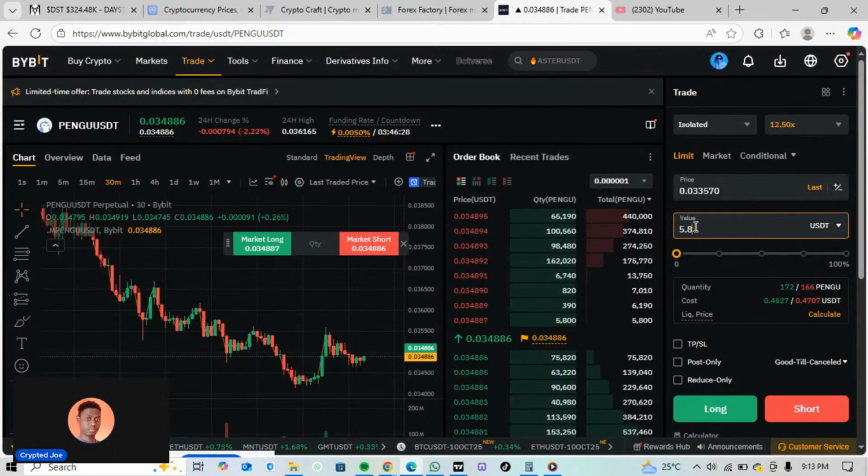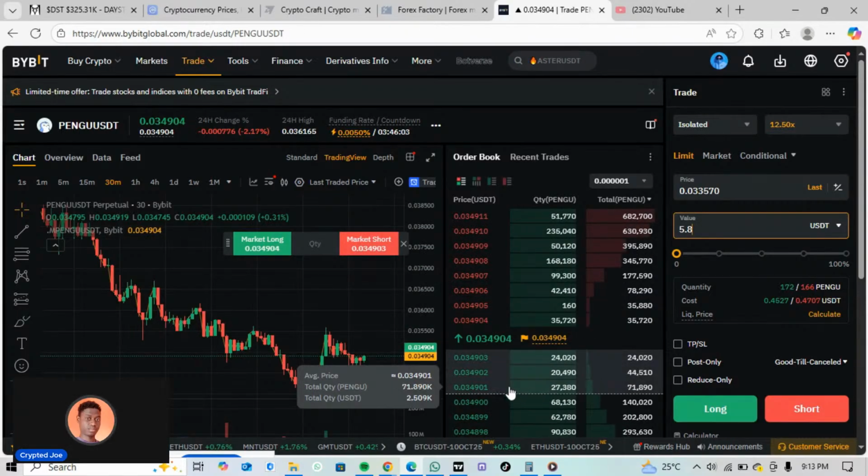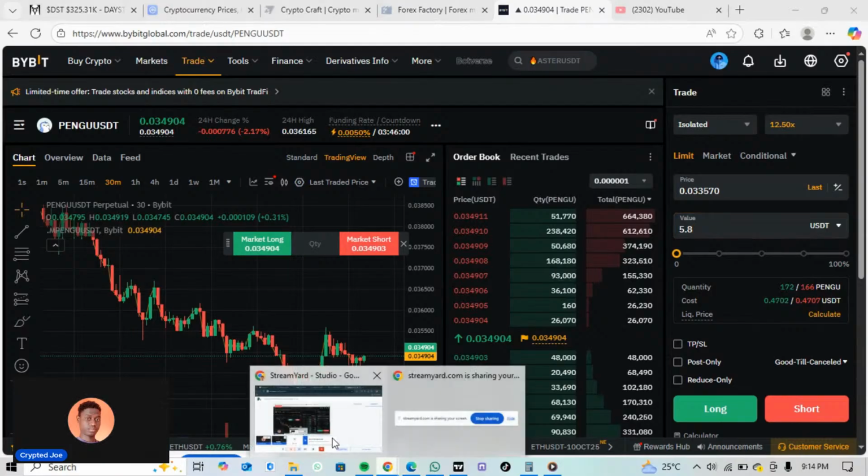So this second box now, this is the other value or other price box. Whatever you're typing here should be 5 or more than 5, either 5, 5.1, 5.2. In this case, we have 5.8. So that was why we were able to enter this trade and place our order. Whatever you're typing here should be 5 and above, not less than 5. It won't go through. It will keep on bringing that prompt.